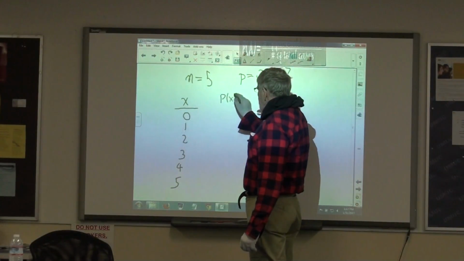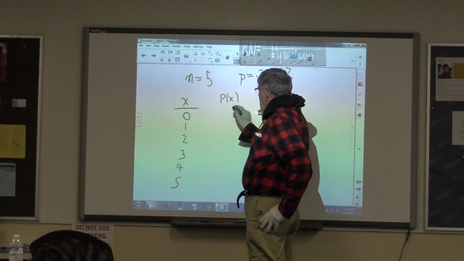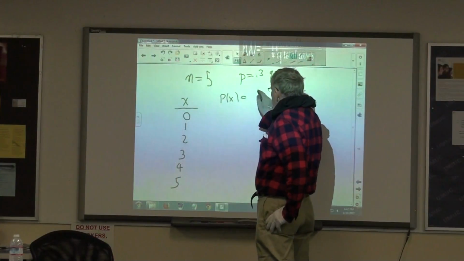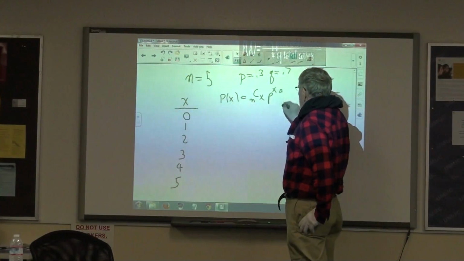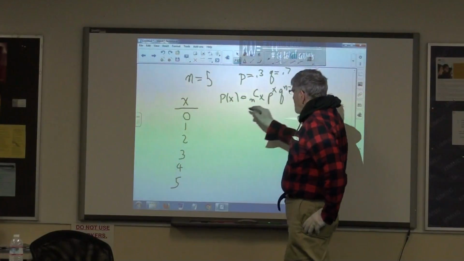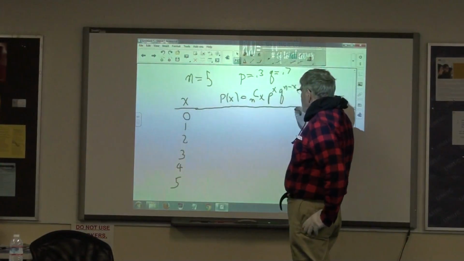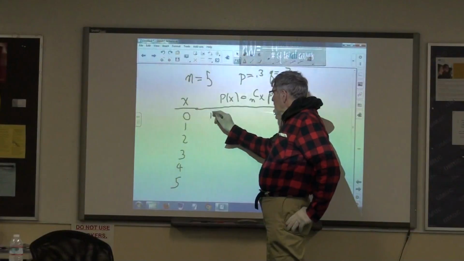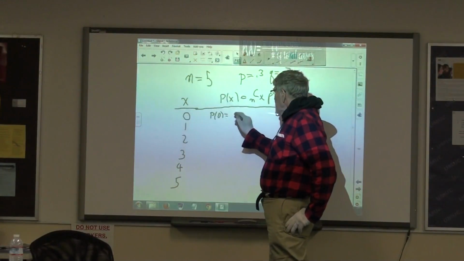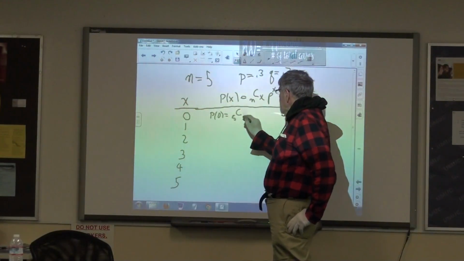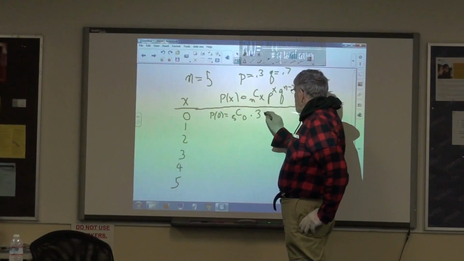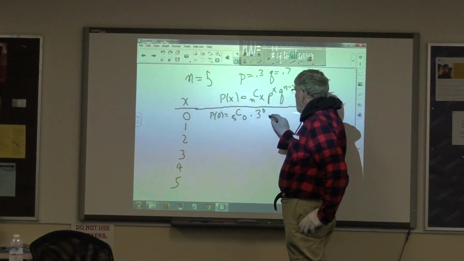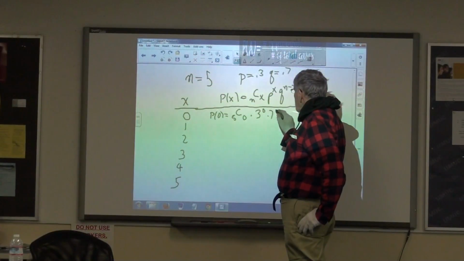The probability of x here is always c n x, p to the x, q to the n minus x. So what is the probability of 0? The probability of 0 is equal to c 5, 0, 0.3 to the 0, and 0.7 to the 5.